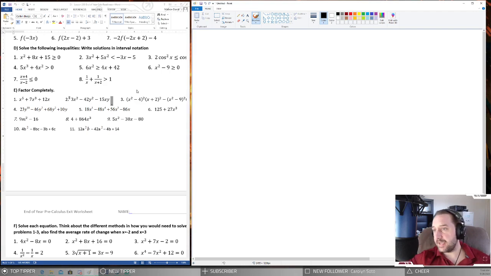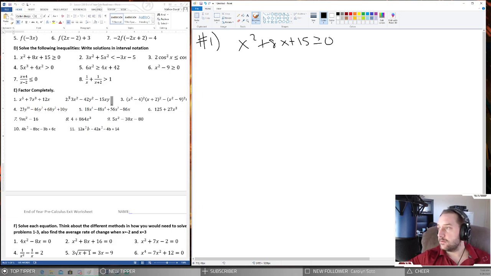For example, on number 1, we have x squared plus 8x plus 15 is greater than or equal to 0. We can factor that into x plus 5 and x plus 3. Pretending it's an equation, I get x equals negative 5 and negative 3.